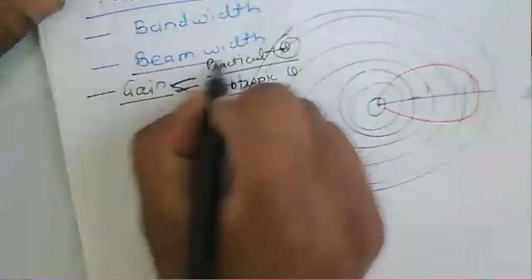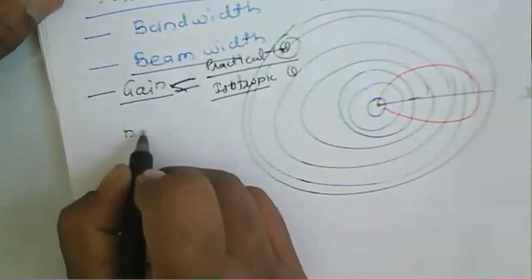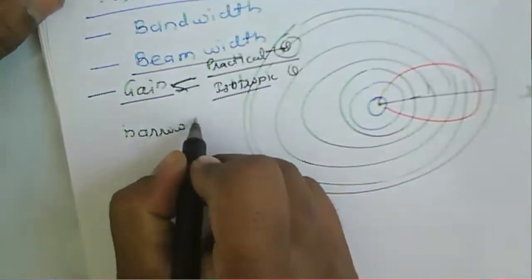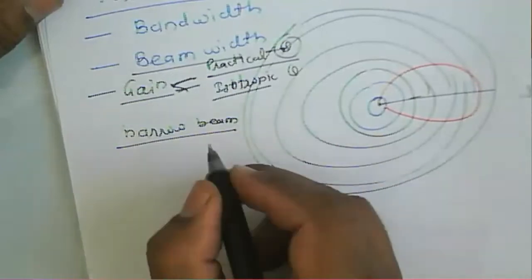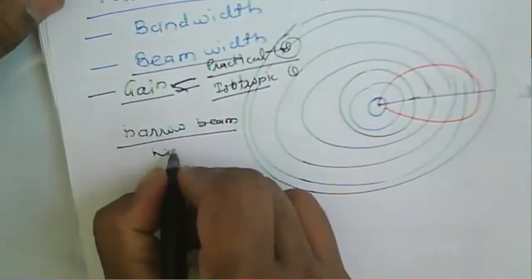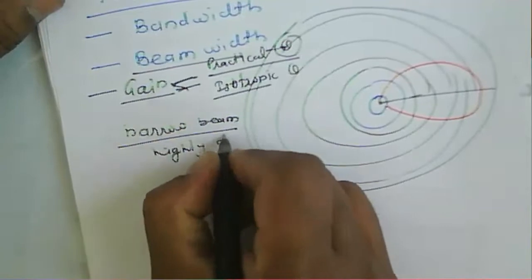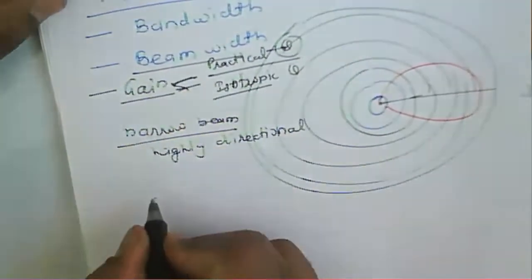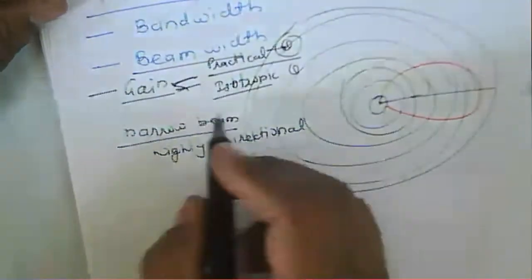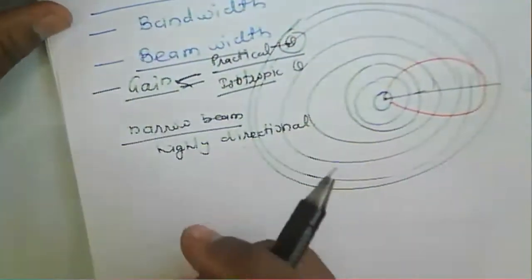If your beam is a narrow beam, then it is a highly directional antenna. If the antenna is highly directional, with a narrow beam, then the gain will be large.